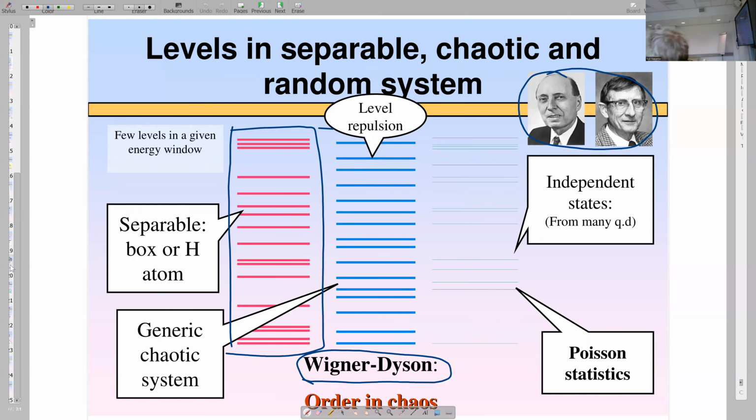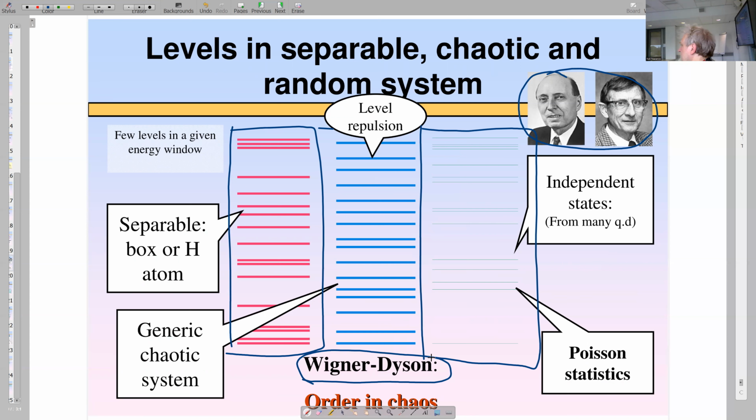In distinction from that, the Wigner-Dyson distribution has a property called level repulsion. The levels avoid each other, never become degenerate. As an extreme, one can take completely independent states.